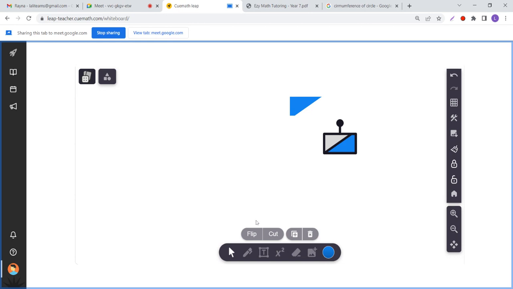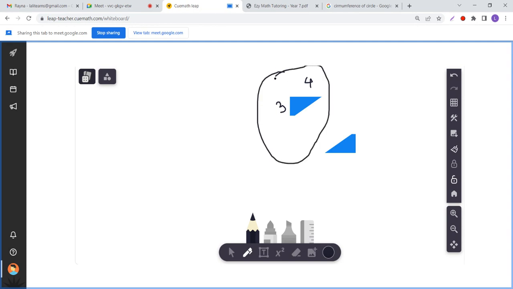It is cut. So this is 4 and this is 3. They need the perimeter of the triangle. That is the perimeter of this triangle. How do we find it?